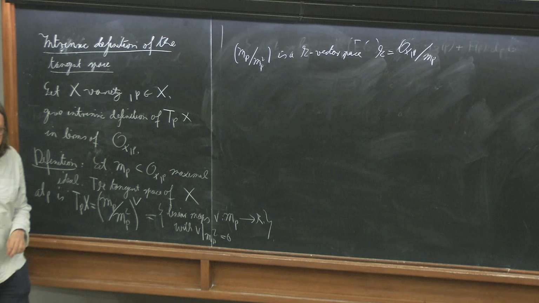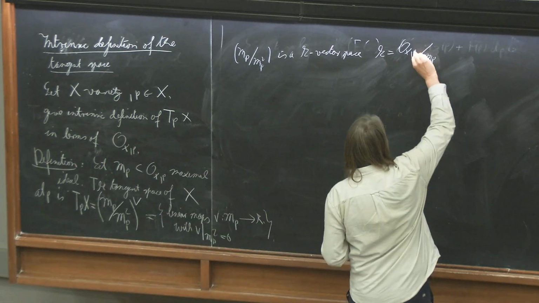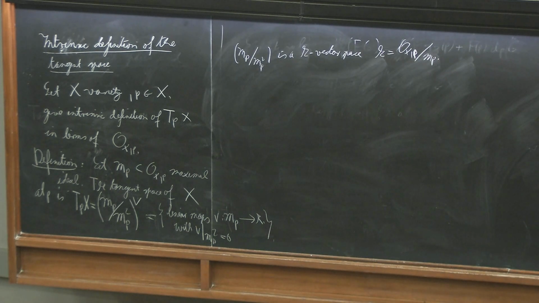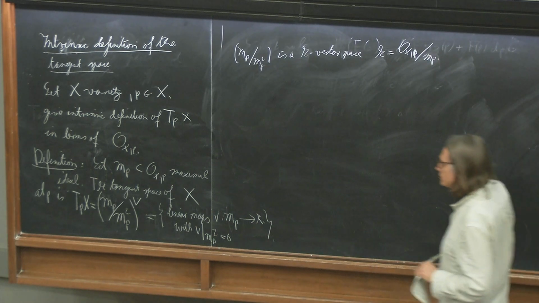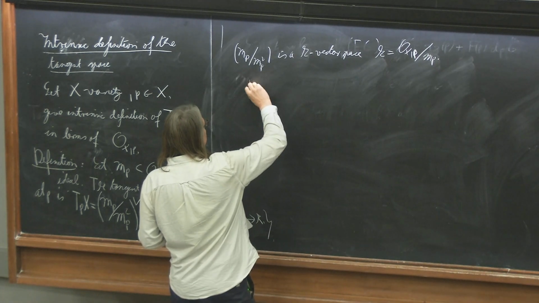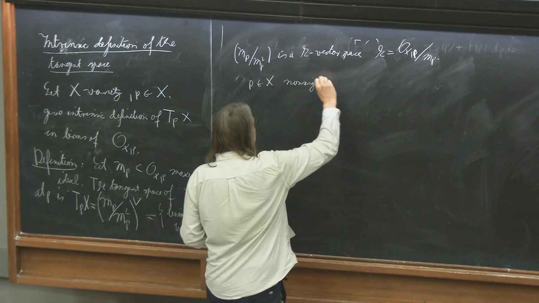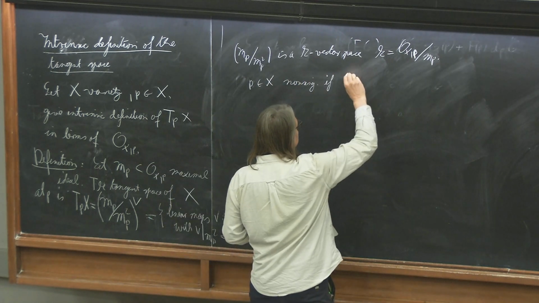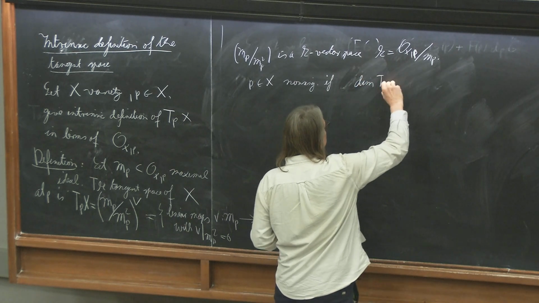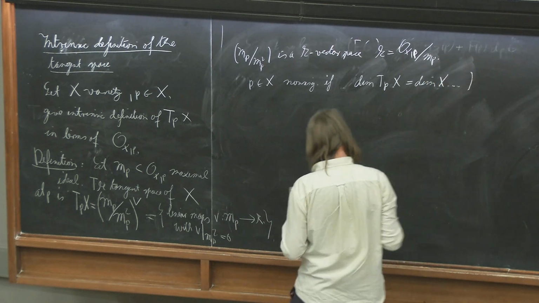So in that sense it's precisely the same definition as in differential geometry. As usual, P in X is non-singular if and only if the dimension of the tangent space is equal to the dimension of X, and the other things that we had.